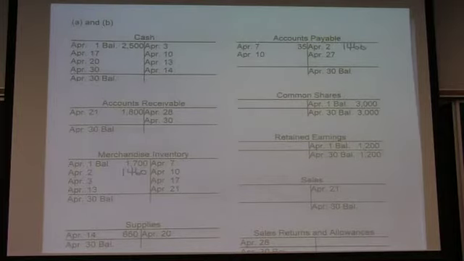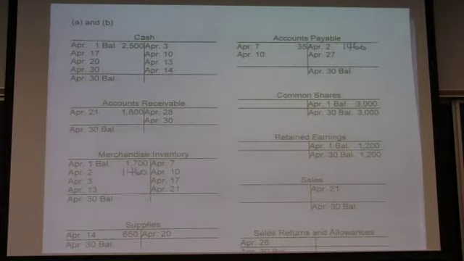This is what they call posting to the T account, or posting to the general ledger account. The hard part is trying to figure out the transactions, what debit and credit accounts are affected in that particular business transaction. But once we have that, this process is very mechanical. It's a matter of just posting it to the T account.